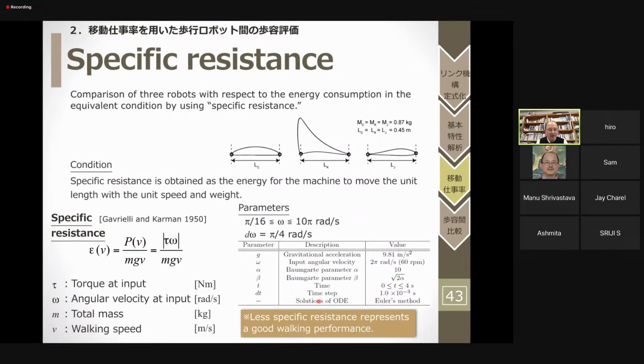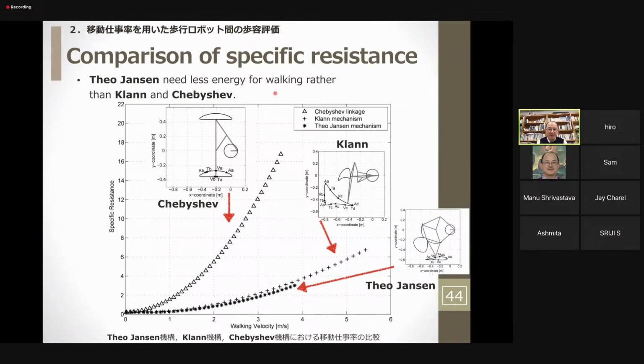Then finally, specific resistance is a kind of normalized power. It was proposed by Gabrielli and von Karman, 1950. Specific resistance works well for the normalized comparison with other machines, how much power or energy they need. We analyzed such a comparison, the specific resistance against the working velocity.